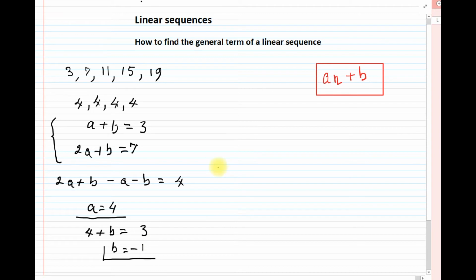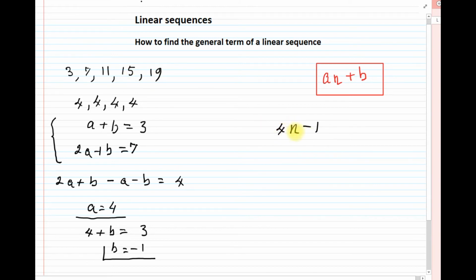So my sequence, an plus b, is 4n minus 1.